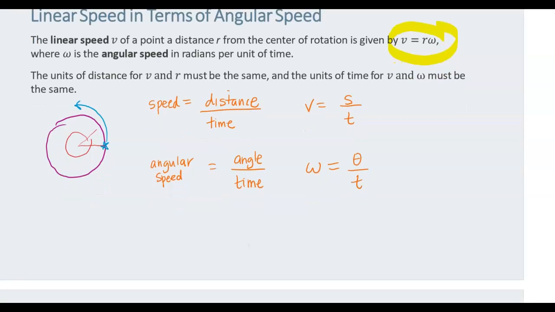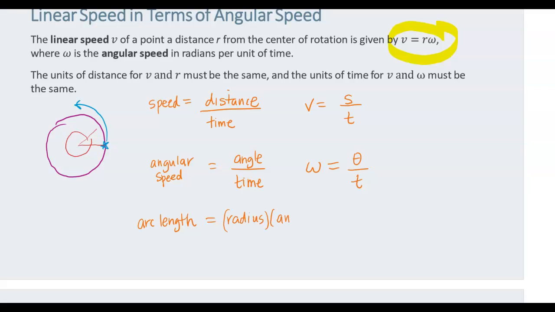And then the last formula we just learned was for arc length. And that was equal to the radius multiplied by the angle. So s is equal to r times theta, all right?